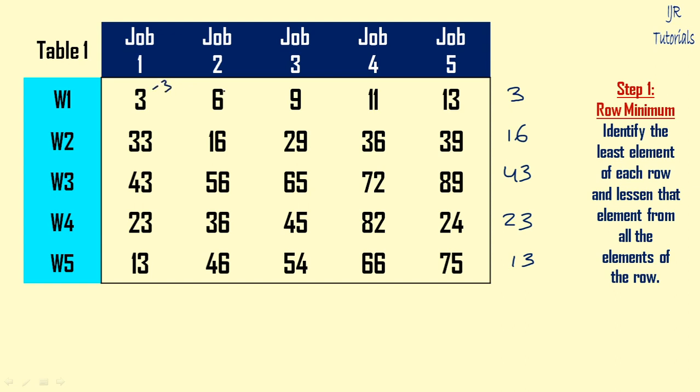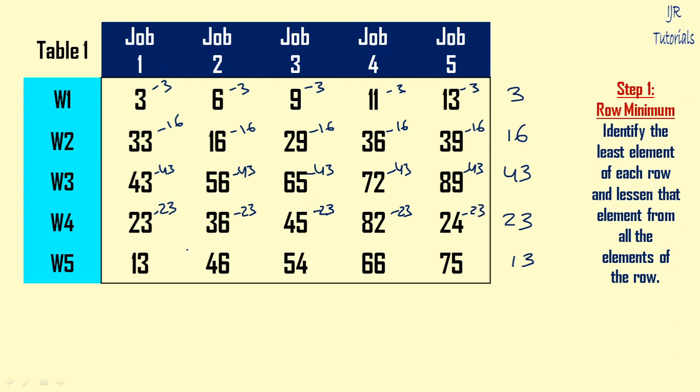Subtract: 13 minus 3, 33 minus 16, 16 minus 16, 29 minus 16, 36 minus 16, 39 minus 16, 43 minus 43, 56 minus 43, 65 minus 43, 72 minus 43, 89 minus 43, 23 minus 23, 36 minus 23, 45 minus 23, 82 minus 23, 24 minus 23, 13 minus 13, 46 minus 13, 54 minus 13, 66 minus 13, 75 minus 13. Once we do the calculation, we get the table like this.